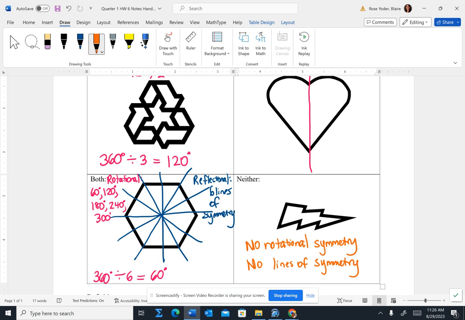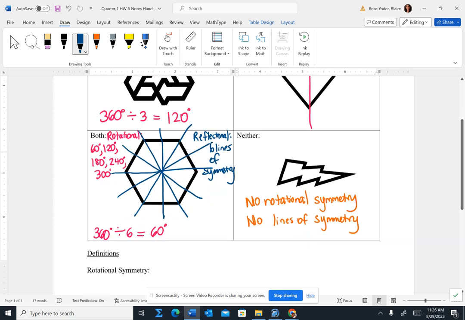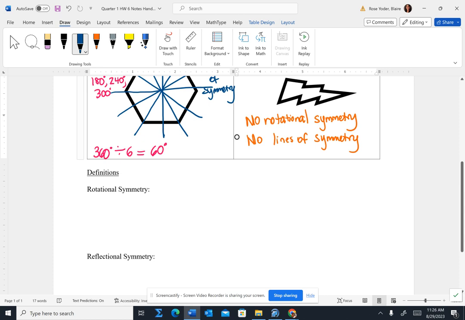All right, so the final thing that I want to do on this note sheet is to try to define rotational and reflectional symmetry. I feel like that's not that easy to do, but if we think about what we did, we can kind of try to put that into our own words. So rotational symmetry, we took an object and we rotated it in some certain way by a partial turn, less than 360. And it looked exactly the same as the image that we started with.